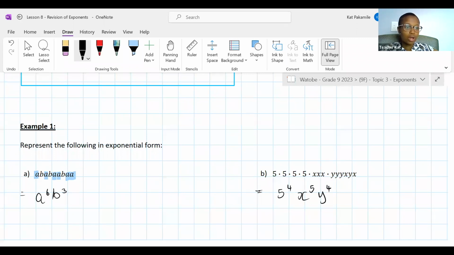Now how much is 5 to the power of 4? Oh, but it says exponential form. Never mind. It says exponential form, so we're done. Thank you very much, Elsie.